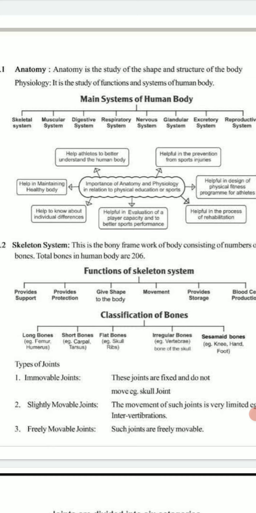So these are some importances of anatomy and physiology. The first is that it helps athletes to better understand the human body.